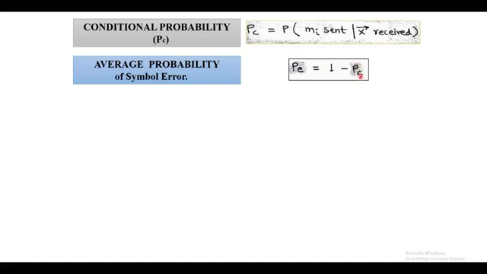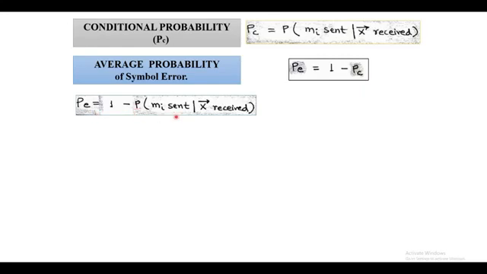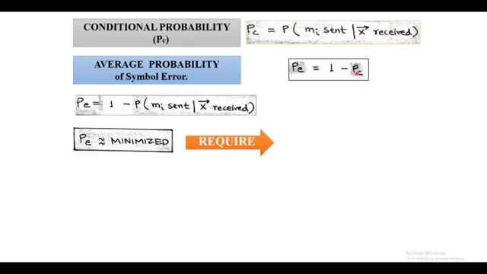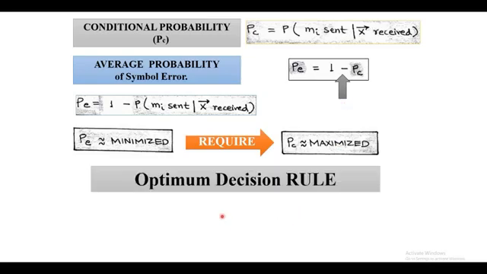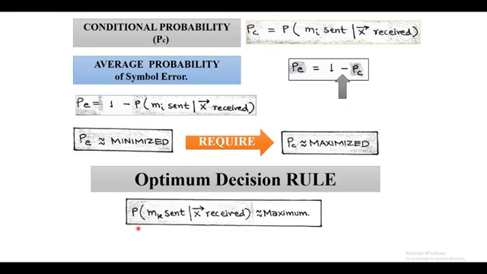So in place of Pc we can write the probability of estimation of symbol mi sent when the observation vector X is already received. And according to the decision rule, the average probability of symbol error must be minimized, and this is possible when the conditional probability computed is maximized, as there is a negative sign. This results in the optimum decision rule, which is mathematically written as the probability of correct estimation of transmitted symbol mk when X vector is already received.